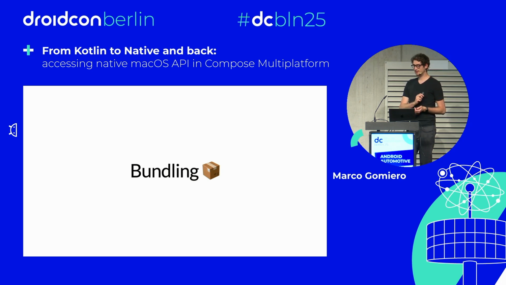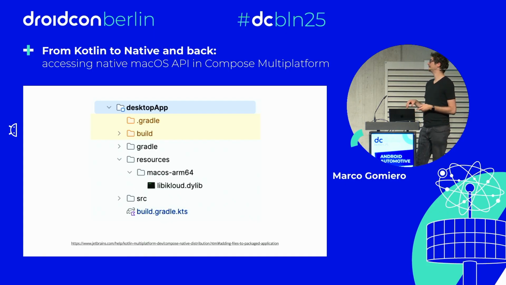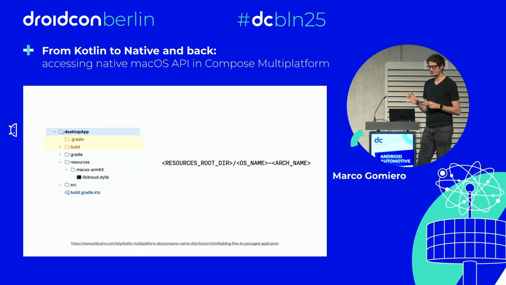So to bundle it, luckily there's functionality provided by the Gradle plugin of Compose Multiplatform. We can have some folders in our Compose Multiplatform project, and those folders can be OS and architecture specific. Like in this case, macOS ARM64, so only for Apple Silicon.